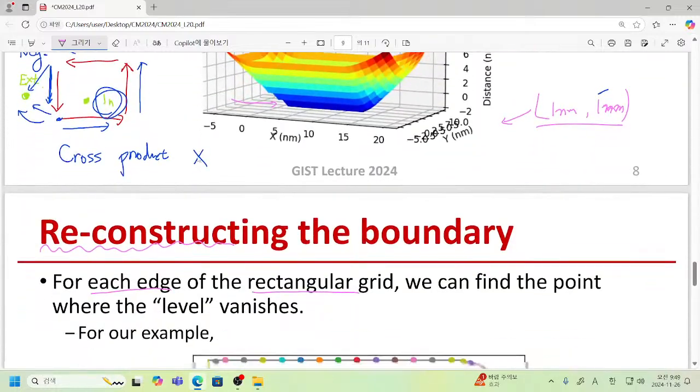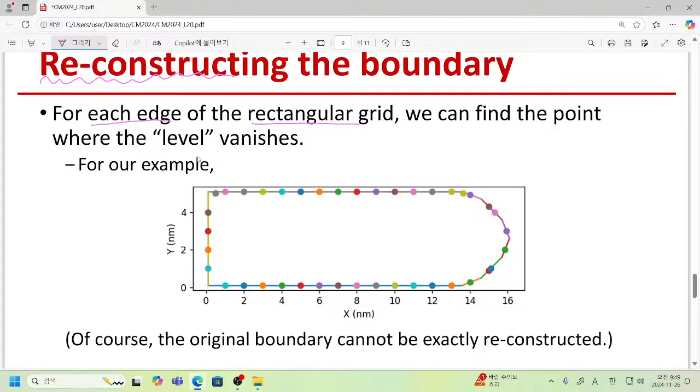So in this figure, you are now looking at two different things. Here you can see lines. These lines are the ones provided by the user. The user wanted to express the shape of our nanosheet using lines. And you can find dots. Dots are obtained from the level function.